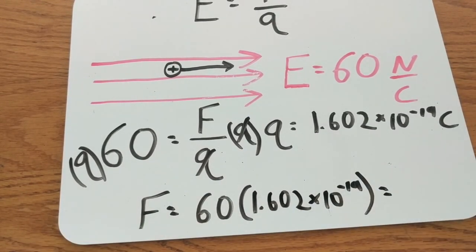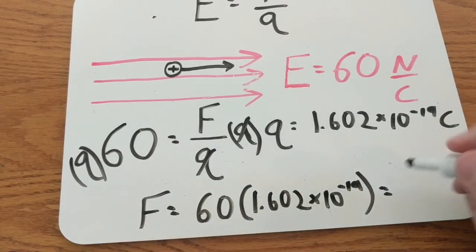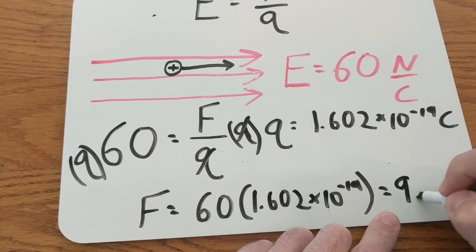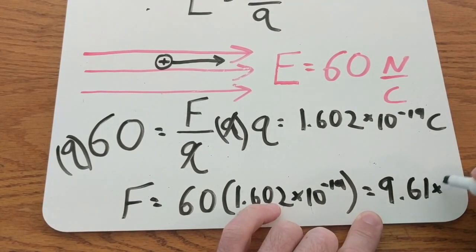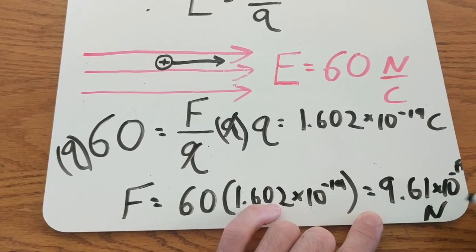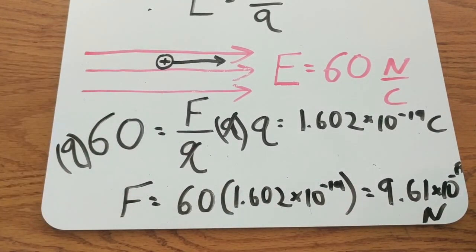And we go to our calculator there, and we get 9.61 times 10 to the negative 18 newtons. I'm running out of room. And we see the direction is going to be going that way.